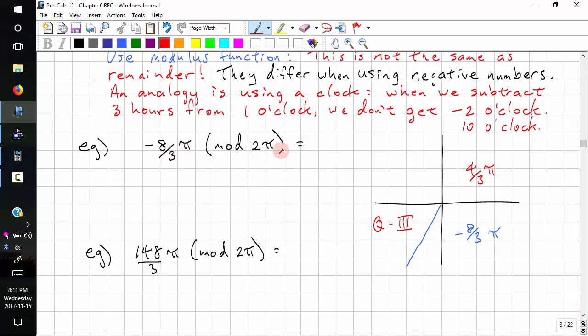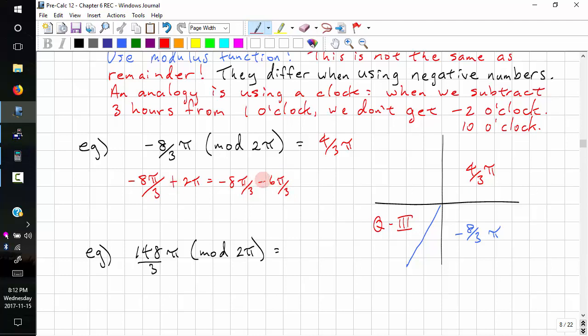So, if we're doing a modulus operation, we just get 4 over 3 pi. If you didn't want to use the modulus function, you would have to go 8 pi over 3 minus 2 pi, which is the same as minus 8 pi over 3, minus 6 pi over 3.